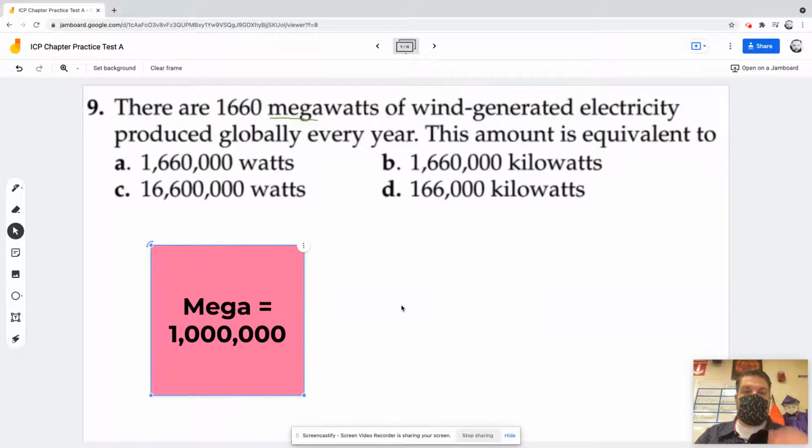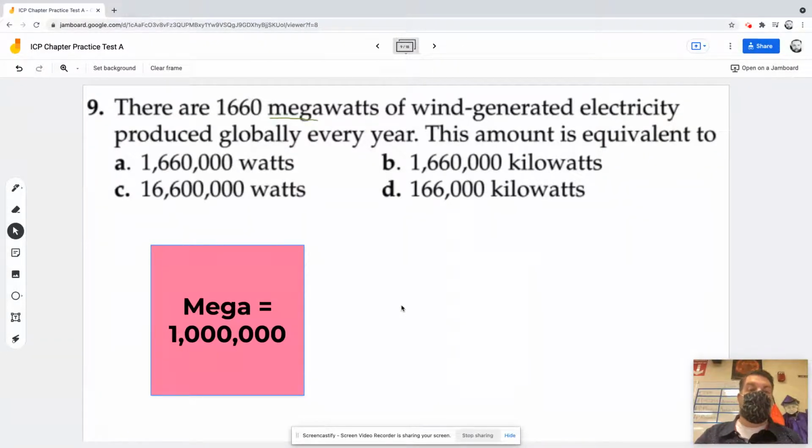So then I just got to take that and multiply it by 1 million. So which one is it? Well, see, this isn't that easy because I don't see 1660 followed by 6 zeros. So we got to do a little more digging around to get the right answer.